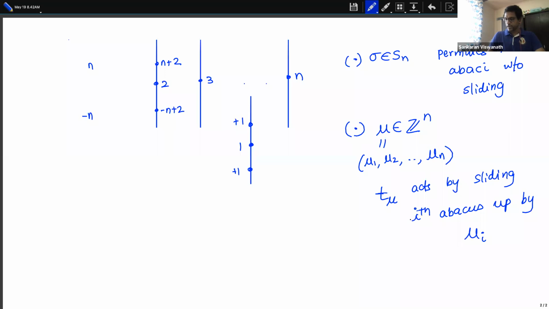And of course, if mu_i is negative, you're actually going down. So these are just the pure slides, going up or down along each of the abaci. And an element of Sn, all it does is permute these abaci without actually performing any sliding.